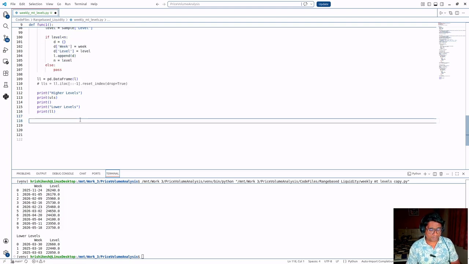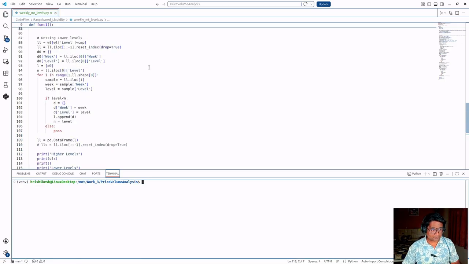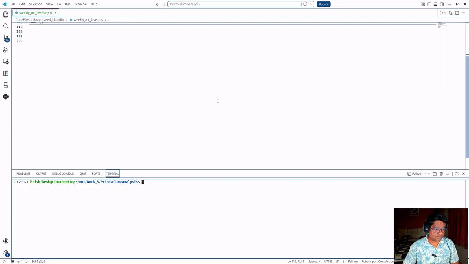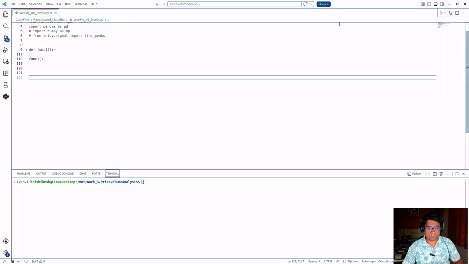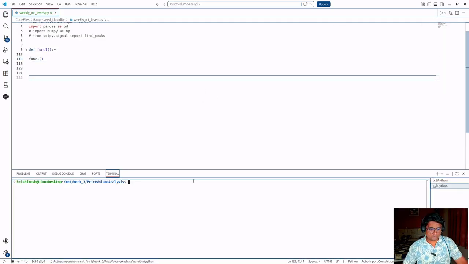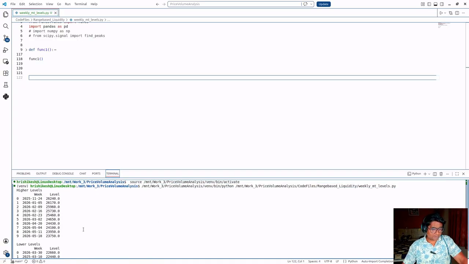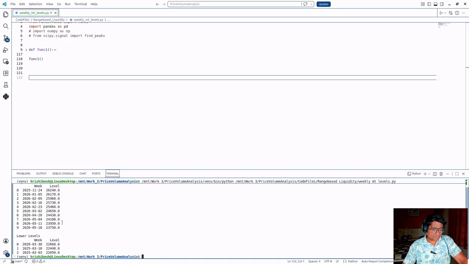Okay, we need a print. So func1, and let's run this. We just minimize this and run it. Let's see how this pans out. Yes, we are getting the levels. See, these are the levels.